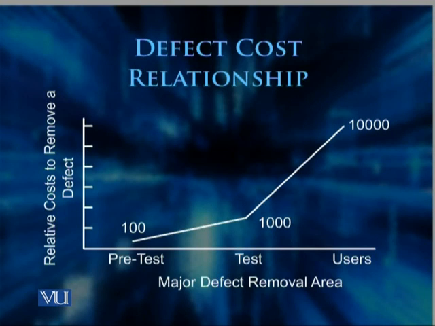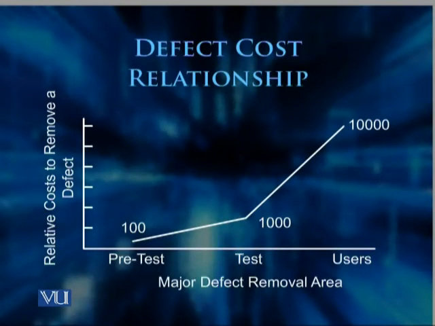It is interesting to note that if it costs 100 units to detect and remove a defect in the pre-test phase, that is, using inspections and reviews or walkthroughs, then it costs 1,000 units in the testing phase.